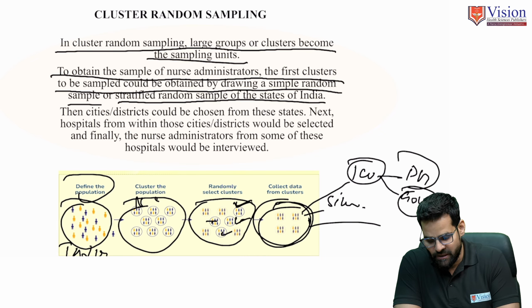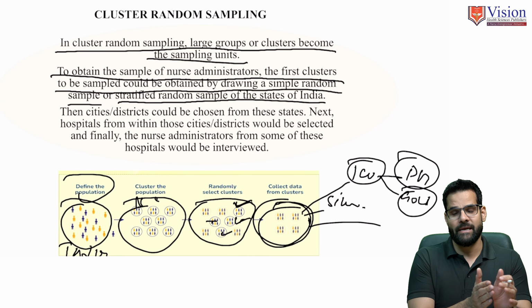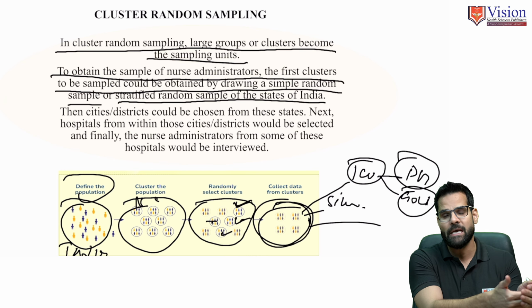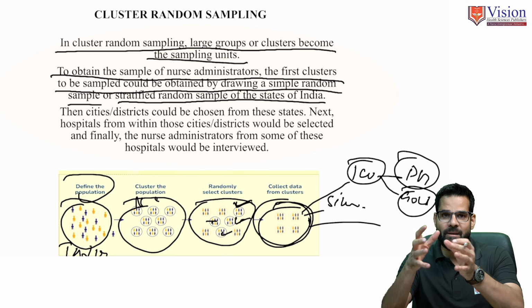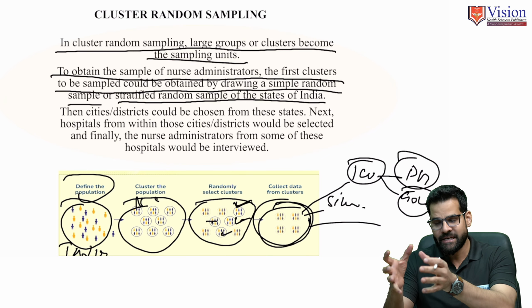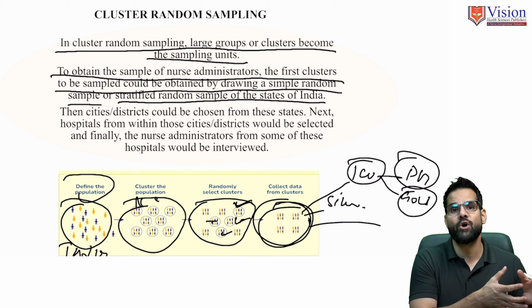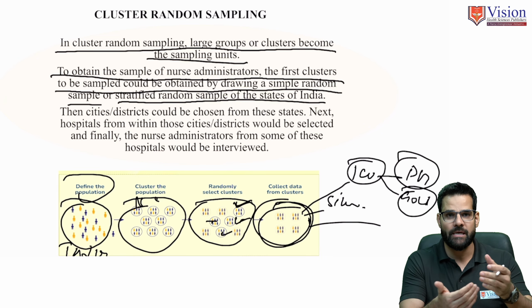So again, there are 2 clusters. Suppose I have taken 1 cluster. In the first stage, I selected a cluster from the specific population. In the second stage, I again made a cluster of nurse administrators from the private hospitals or nurse administrators from the government hospitals. So it's a 2-stage.